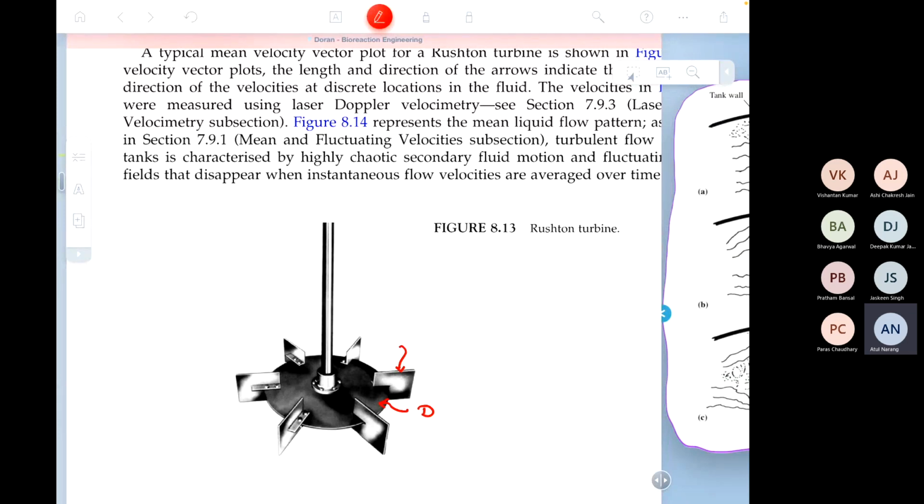So this is the disk, and these are the things that are pushing the liquid. They stand orthogonal to the disk. So it's literally just pushing, like pushing a wall basically.